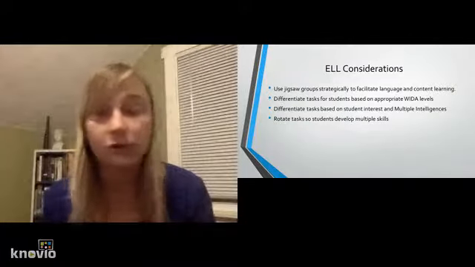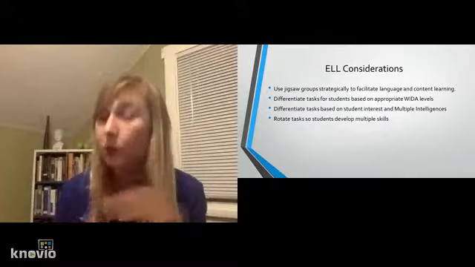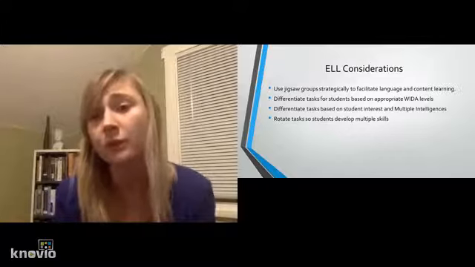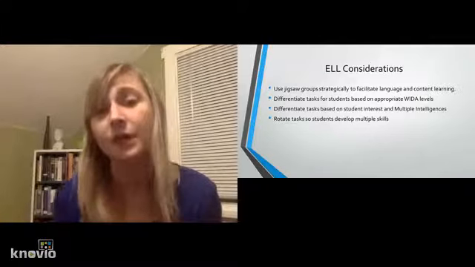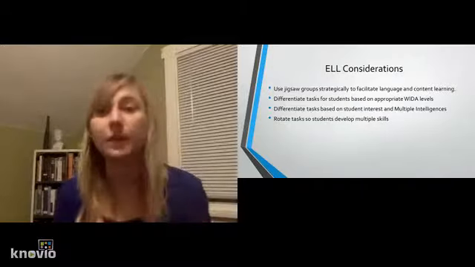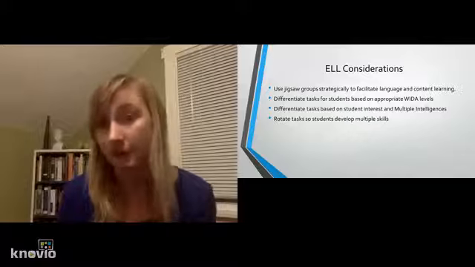You can also differentiate the individual tasks for students based on things like student interest or multiple intelligences. And finally, you should really be rotating tasks. Don't have students always be the summarizer or always be the interviewer. Have them develop multiple skills.